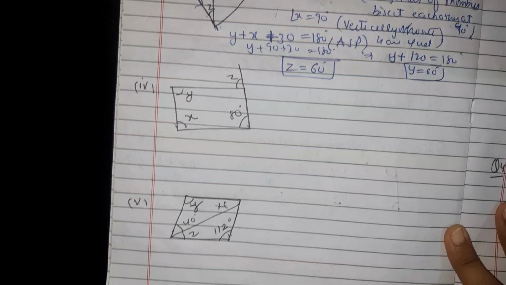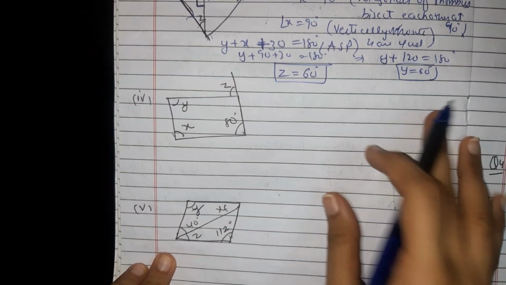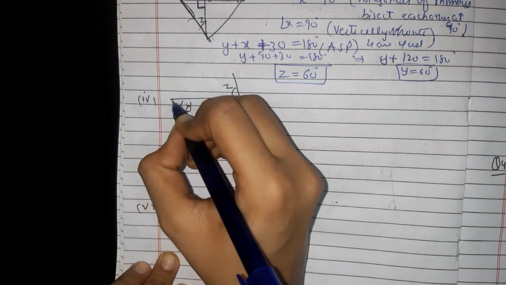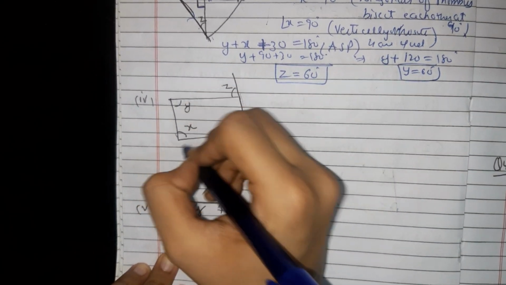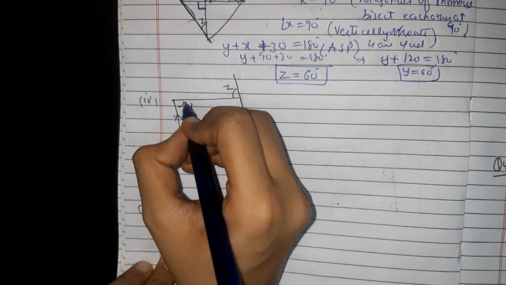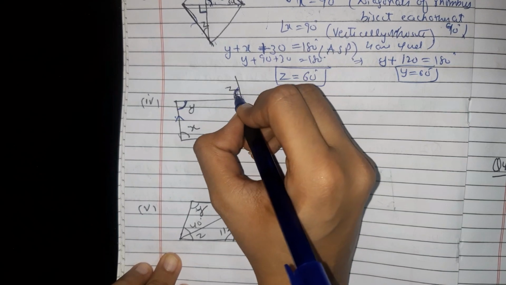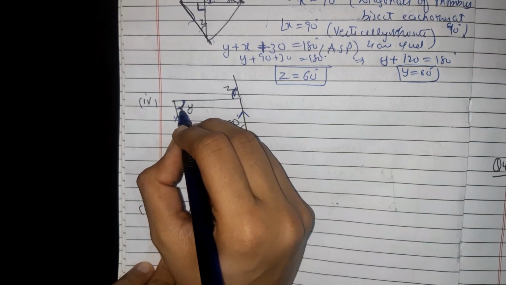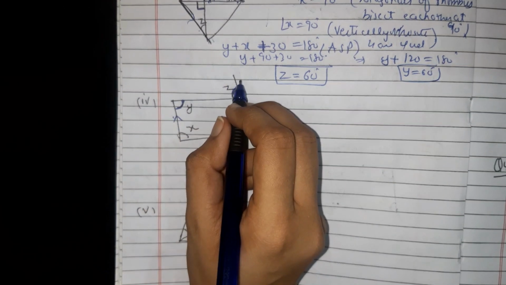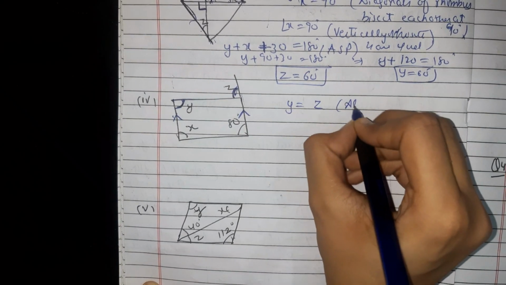Next, fourth part. This is a parallelogram and we know opposite sides of the parallelogram are parallel and equal. So they are parallel and this angle will be equal to this angle, that is angle y will be equal to angle z. So angle y is equal to angle z, alternate interior angles.